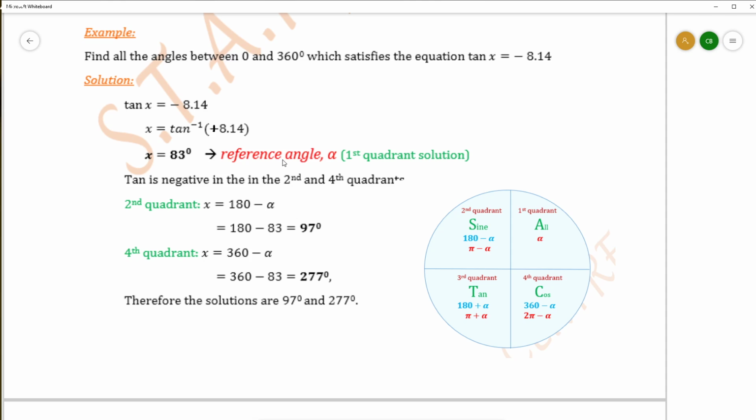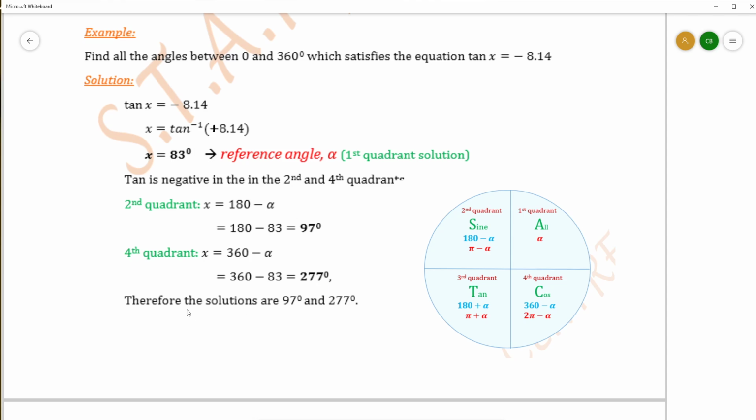So we have the second quadrant solution from our diagram is calculated by using 180 minus alpha, and that would be 180 minus 83. Again, alpha is this angle, our reference angle, which gives 97 degrees. And then in the fourth quadrant, x equals 360 minus alpha, which would be 360 minus 83, which is equal to 277 degrees.